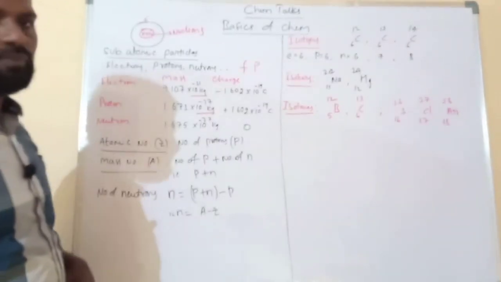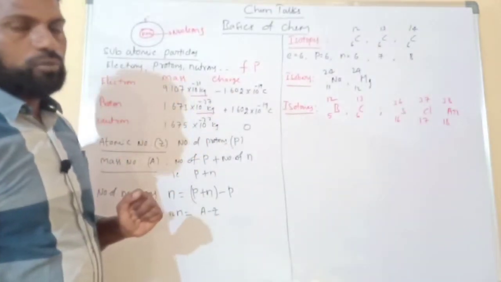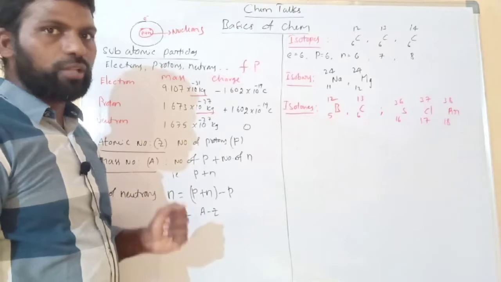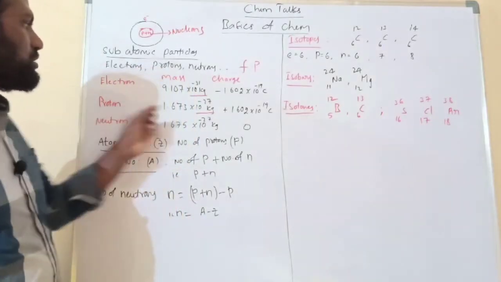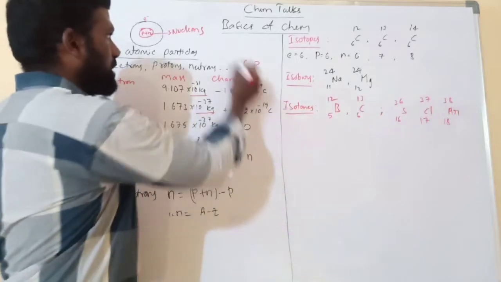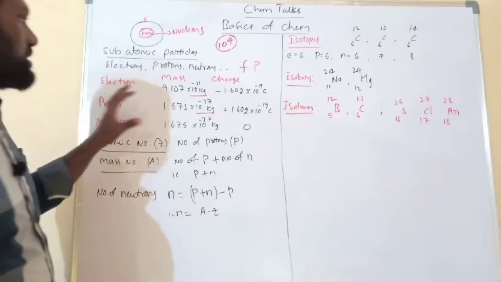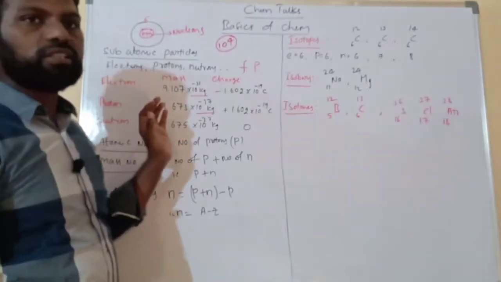Which one is higher in value? Mass of proton is very much higher. How many times? 10,000 times, that is 10 power 4 times. Mass of proton is 10,000 times greater than electron.